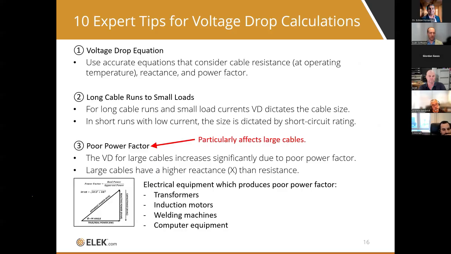For short cable runs with low current, the size is sometimes dictated by the short circuit rating. Tip 3, poor power factor has a significant impact on the cable size, especially for large cables.